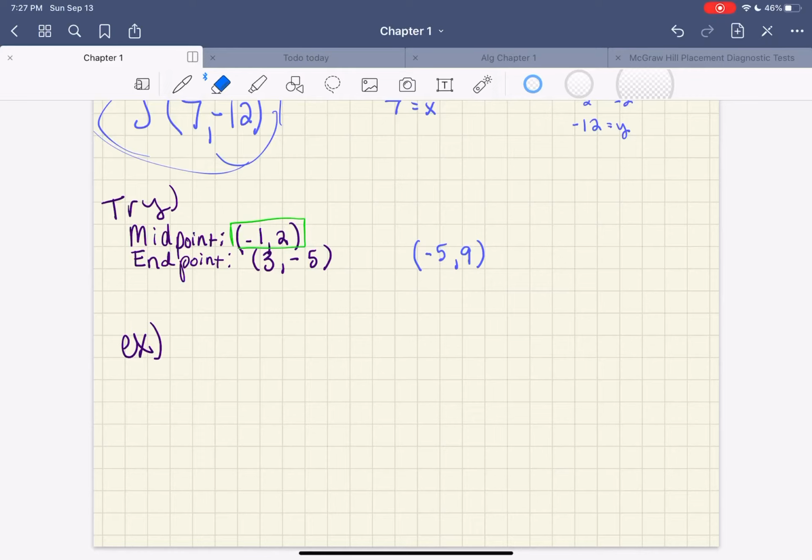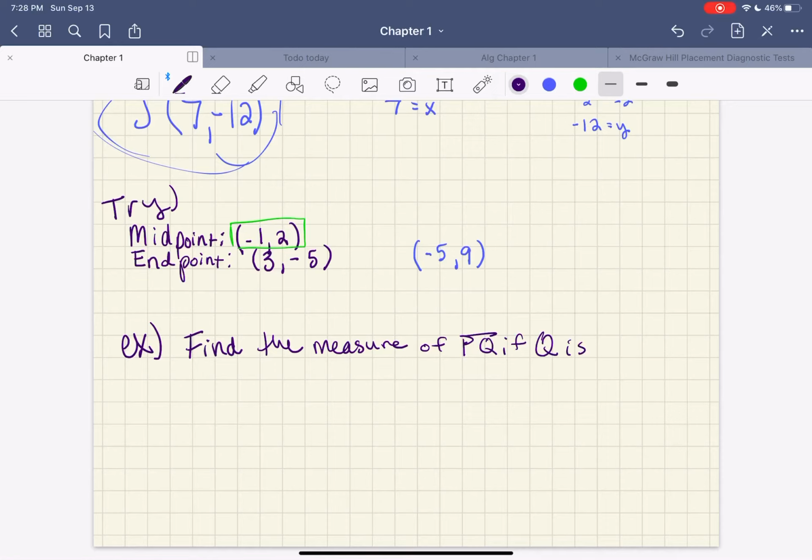So here's the problem. You could be given something like, find the measure of PQ if Q is the midpoint of PR.